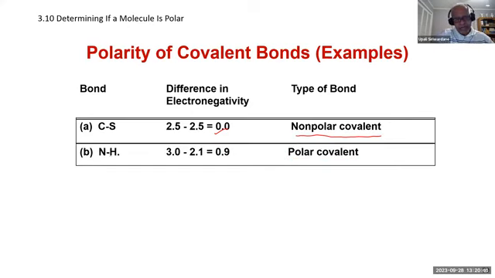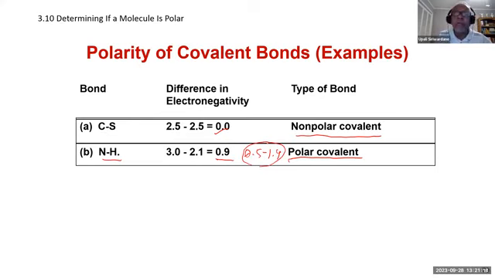On the other hand, the NH bond is polar. The electronegativity difference between nitrogen and hydrogen is 0.9. This is in the range 0.5 to 1.9. 0.9 is within this range.